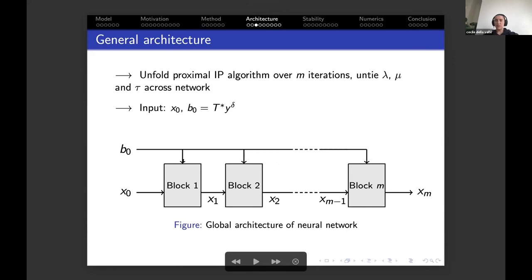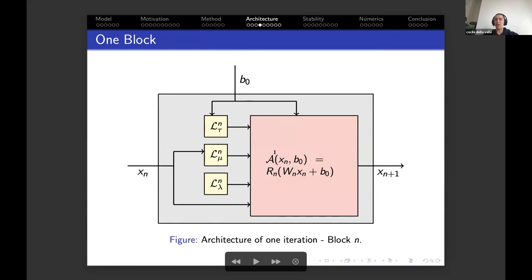My neural network is the combination of m blocks, and in each block I have my operator A, that is my activation function, my proximity operator, the linear part, the bias that is always the same, and all the parameters are computed with neural networks.